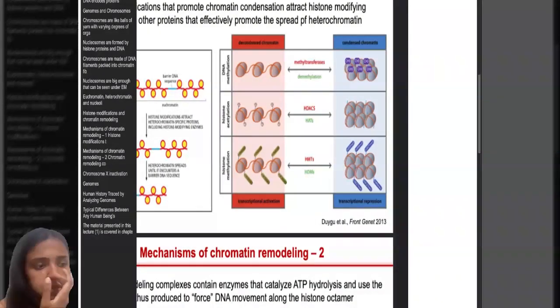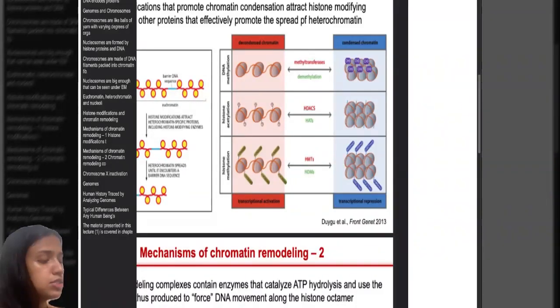Hopefully, this is one way you could remember. I would try to write this down somewhere. So MD, demethylation, methyltransferase, MD, and then HHHH.